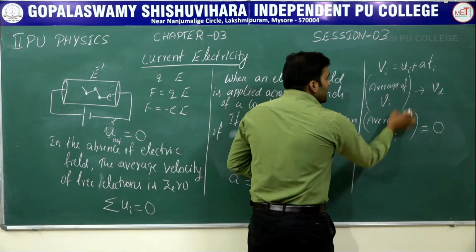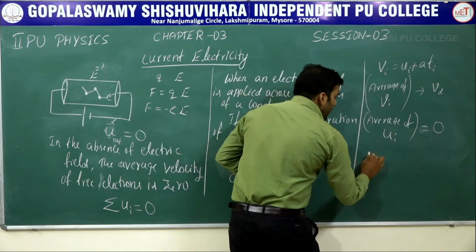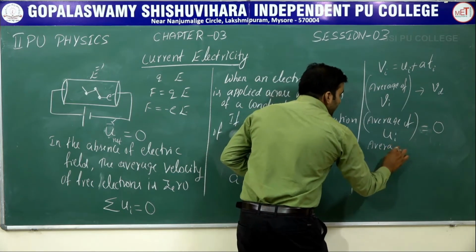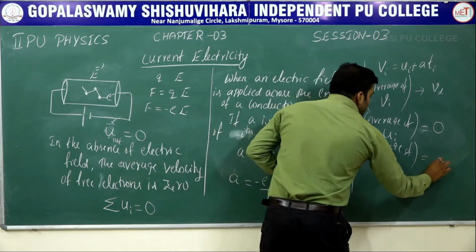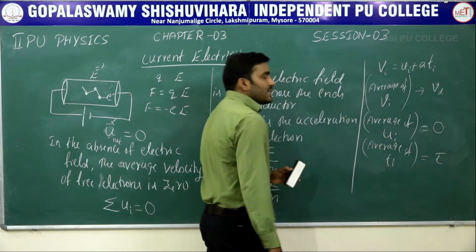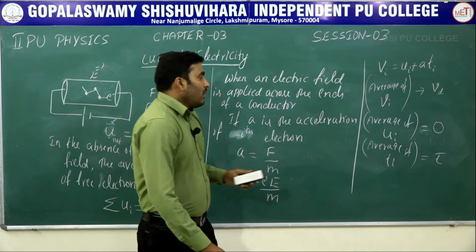Now let us substitute this here, and also we have to take the average of time. The average of Ti is written as tau, which is called the relaxation time.